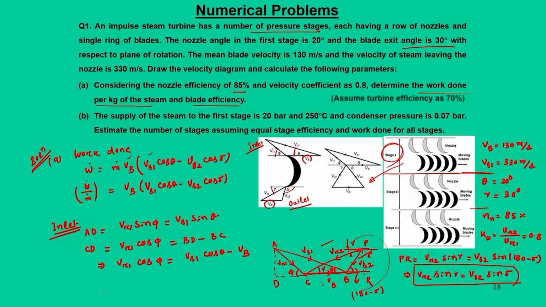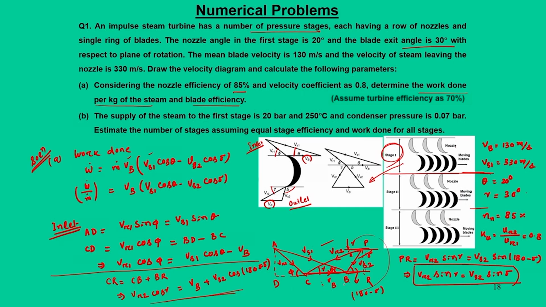The other expression that we can get is from CR. So CR is equal to CB plus BR. CR is nothing but Vr2 cos gamma, which is equal to Vb plus Vs2 cos 180 minus delta. So this we get from the outlet velocity triangle. Now let us use these two equations. One is Vr2 sin gamma is equal to Vs2 sin delta. Second one is Vr2 cos gamma is equal to Vb plus Vs2 cos 180 minus delta.